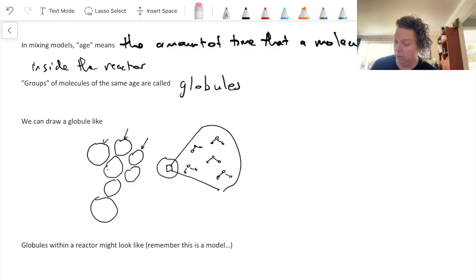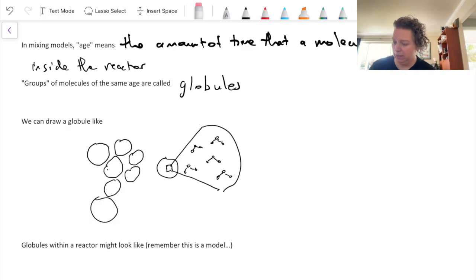All the globules are different ages, although the molecules within each globule are the same age, if that makes sense.